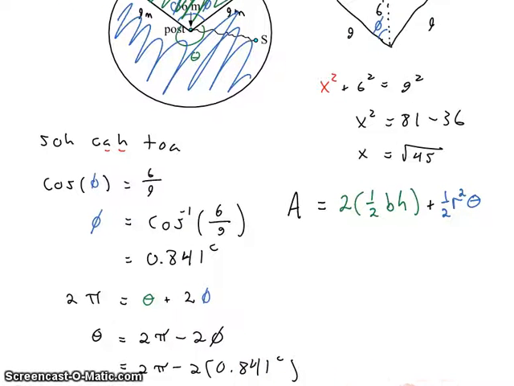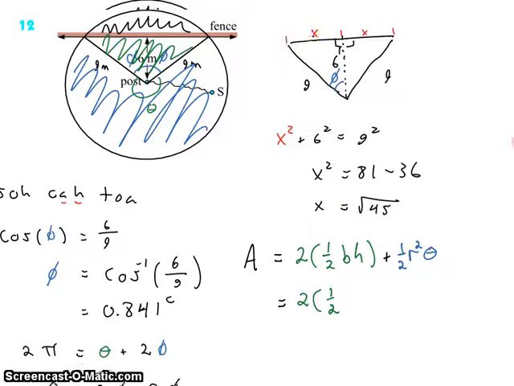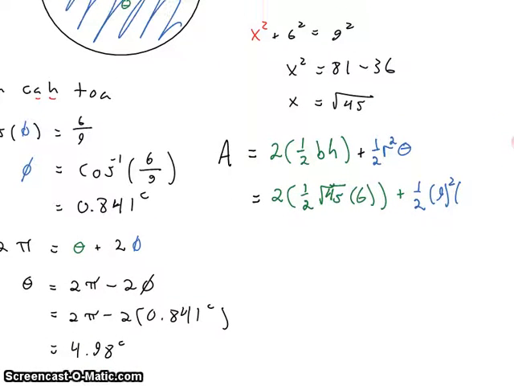Okay. All of these things I know, so I can plug in and solve. The area then is 2 times 1/2 times the base of the triangle, that's x, that's the square root of 45, times the height, that's 6, plus 1/2 times the radius of the circle, that's 9, squared, times theta, which we calculated was 4.98 radians.